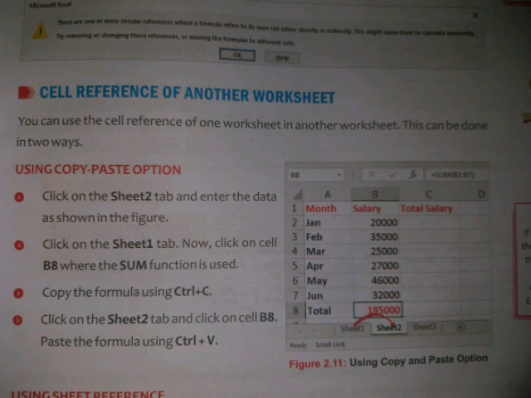We know that in sheet 1 we have the formula. Which formula? Sum of B2 to B7, and that formula resides in the cell B8. From B8 we need to copy the formula. So we need to go to sheet 1, then click on the cell B8, then from the formula tab copy the formula by using the Ctrl+C shortcut key.